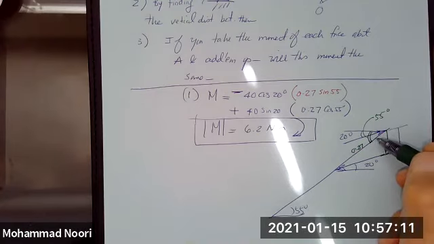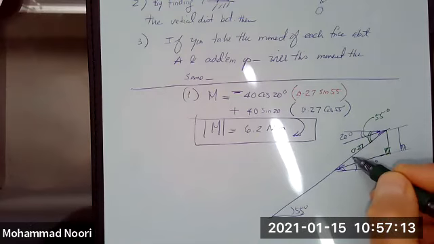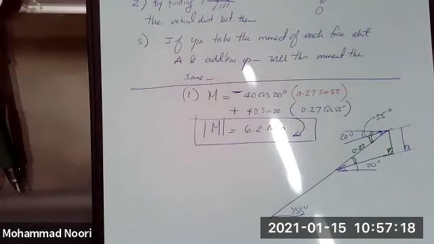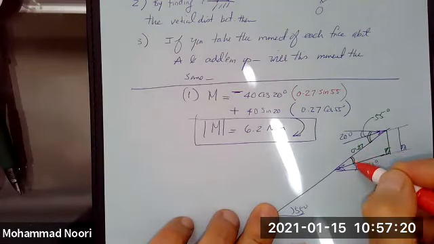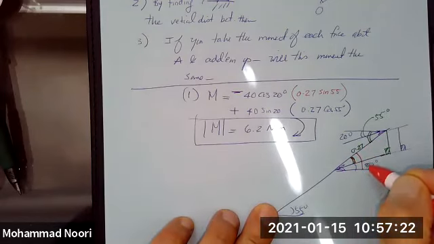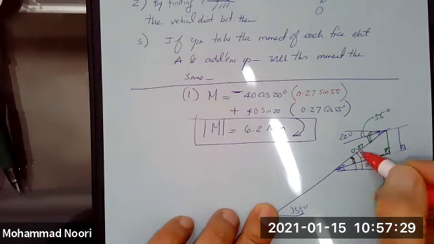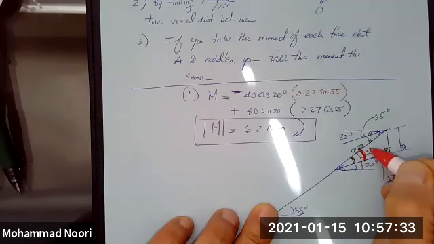So what I need is this angle, which is, or maybe I should do that in a different color. This angle is 55. This is 20. So this angle would be 35 degrees.